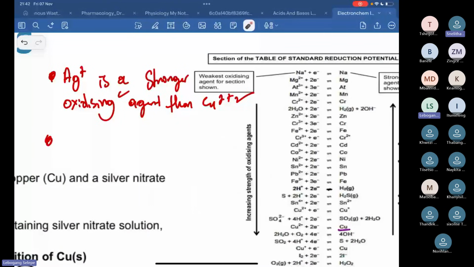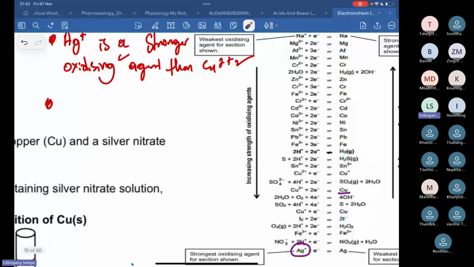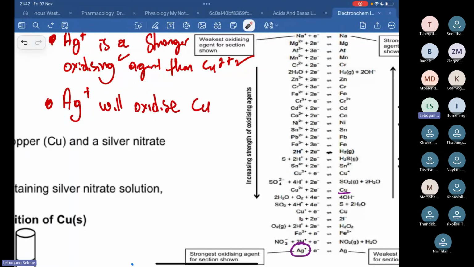Therefore, Ag+ will oxidize Cu. Remember, the reaction will be between Ag+ and Cu.